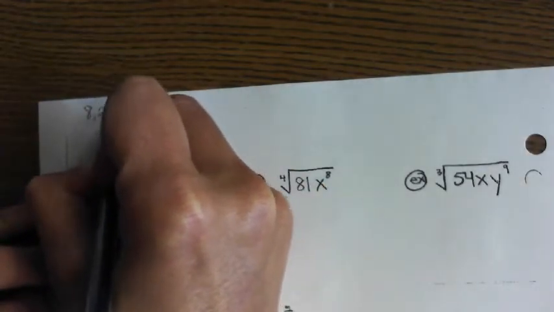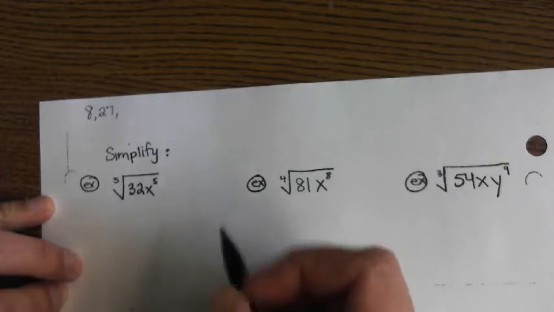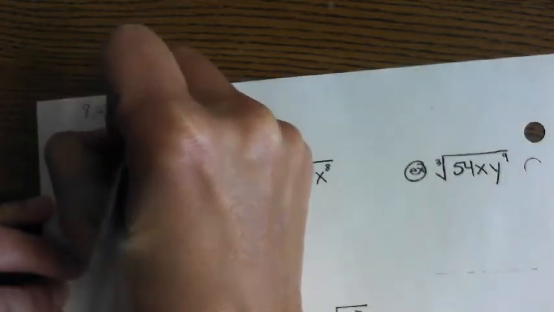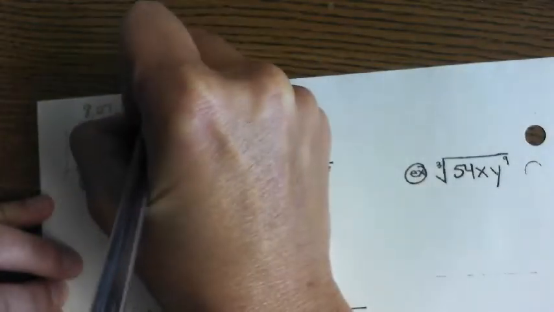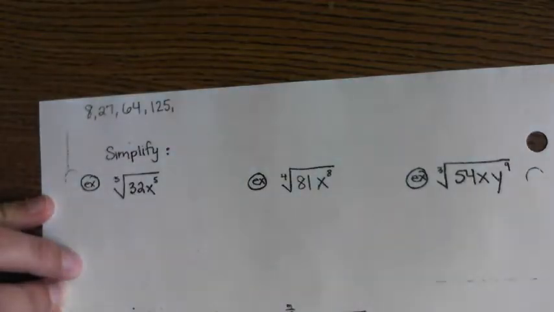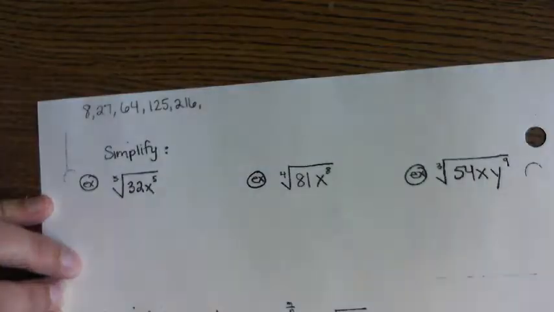That's 2 cubed. 3 cubed is 27. 4 cubed? 64, very good. 5 cubed? 125. 6 cubed? 216. 7 cubed? I think I lost myself there. It's not 289, is it? No, that would be too small. 343.